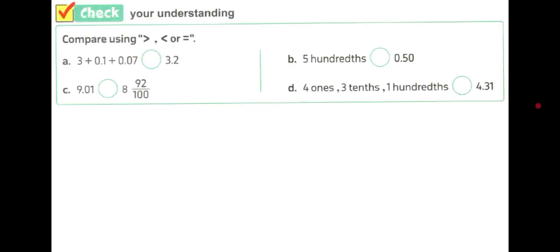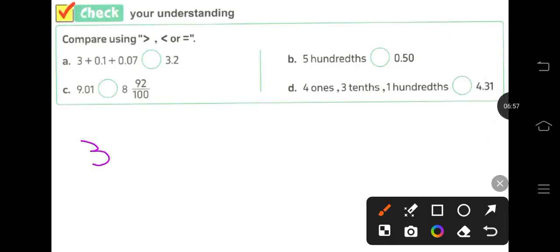Compare using greater than or less than. This number is in expanded form. You have to convert it to the standard form. 3 plus 0.1 plus 0.07. 3 is a whole number, so it will be 3, point, then we have 1 in tenths and 7. 3.17 and 3.2. 3 and 3, 1 and 2. 1 is less than, so this number is less than this number.